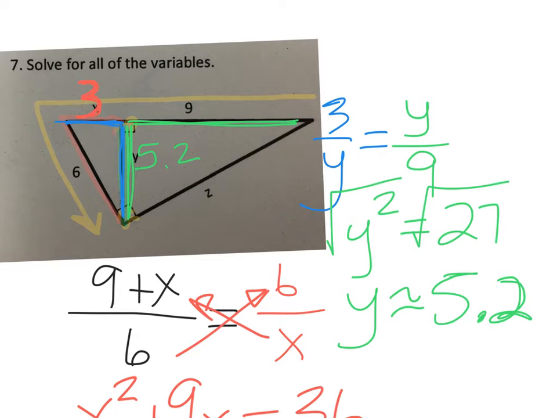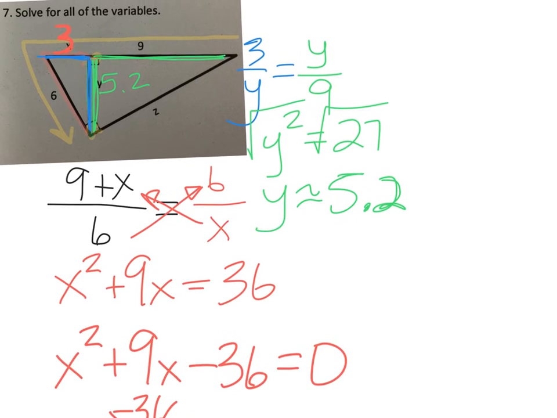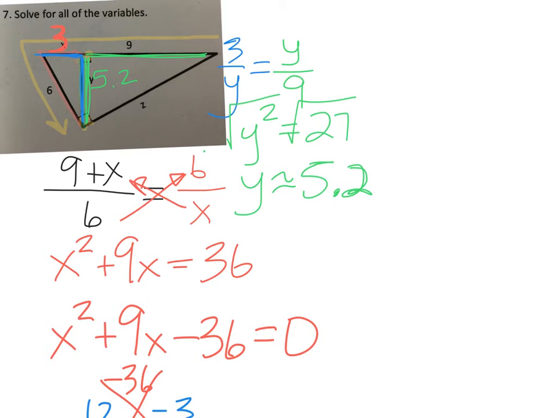And then the last thing I can do is set up this other proportion to find z. Okay, it's the same as the one that we started with. So if I do that, I have 9 plus 3, which is now 12. So 12 over z is in proportion to z over 9.